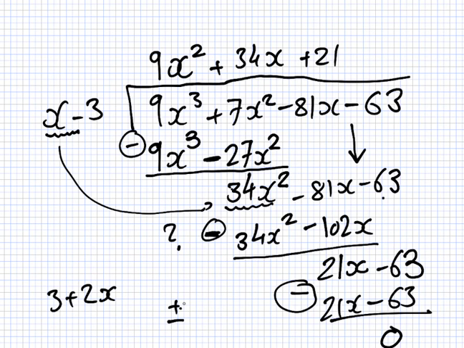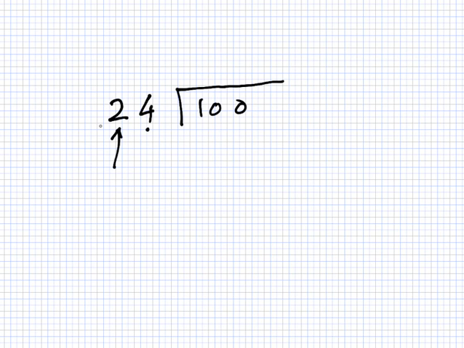Good question. So let me try to explain. Let me give you a comparison with your elementary school example. For example, if I said 24 divided into 100, you only look at the 2 and not the 4. You look at how many times 20 goes into 100.